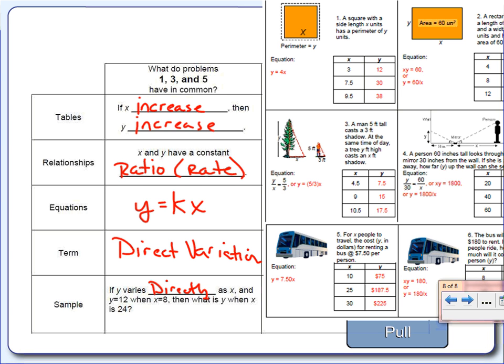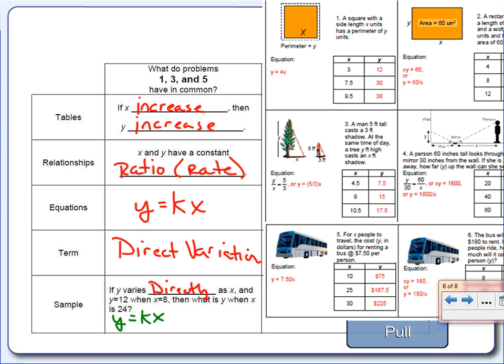So here's how you're going to do it. You're going to be getting a couple of these here in a minute. They're telling us that we know that the y value is 12 when the x value is 8. So if that's the case, then what's the y value when the x is 24? Well, we're working with a direct variation. So here's how you're going to do it. Make sure you're writing this down because, like I said, you're going to be doing a couple of these here in a second.